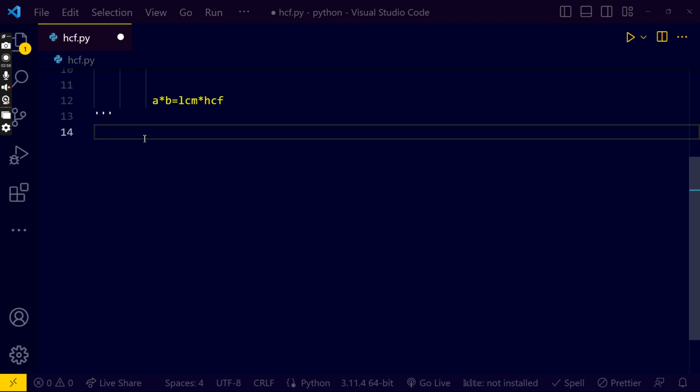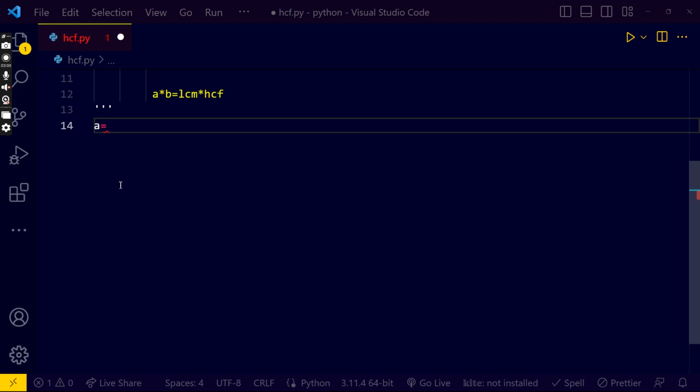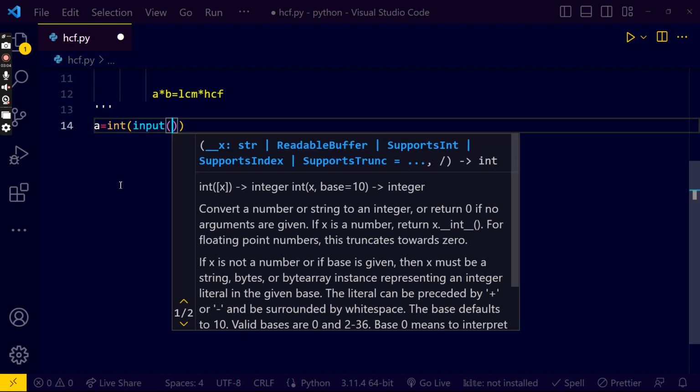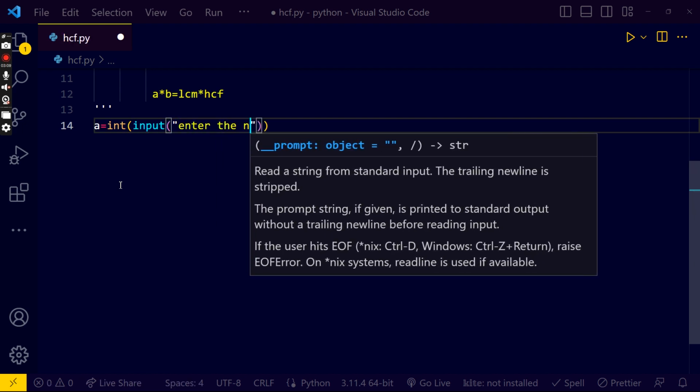Take input from the user. A equals input, enter the number.